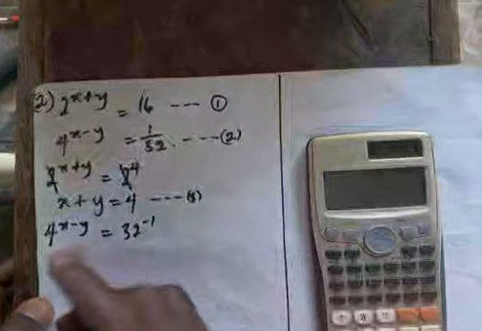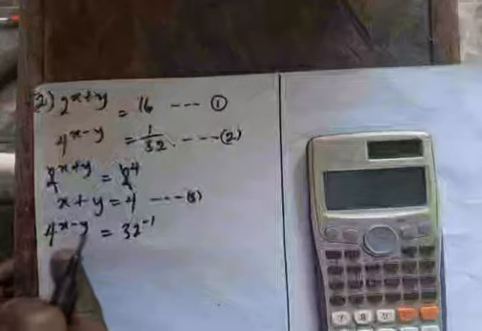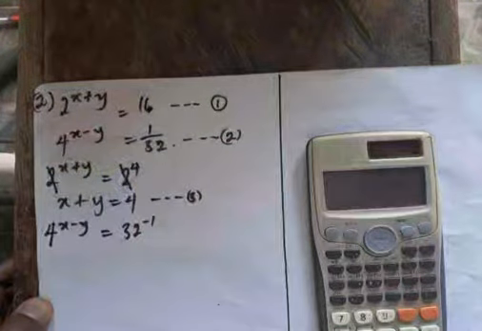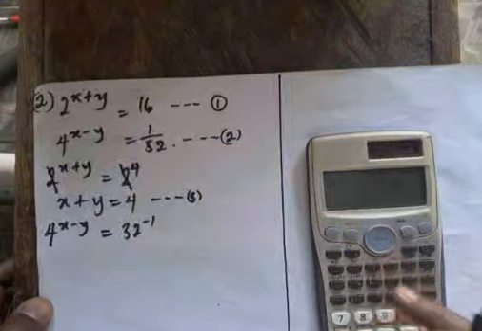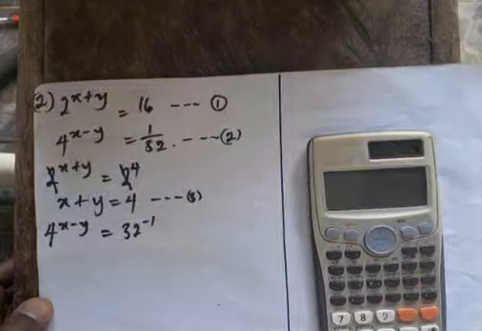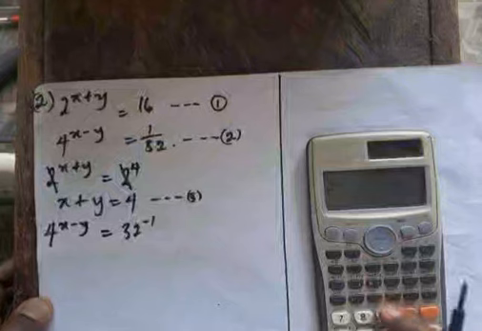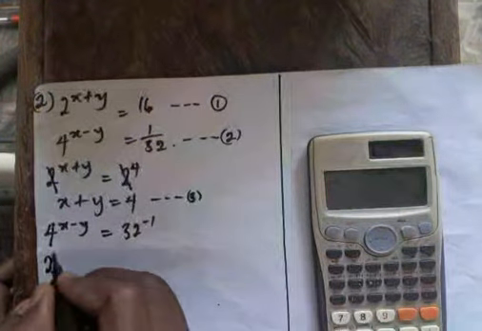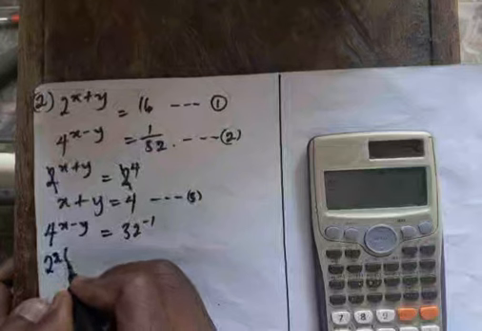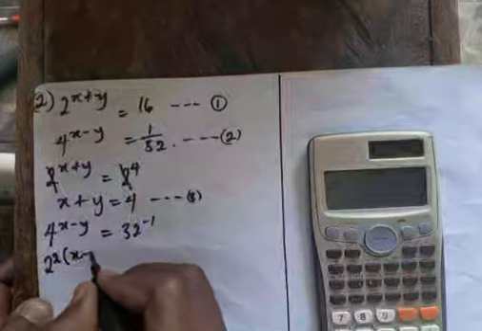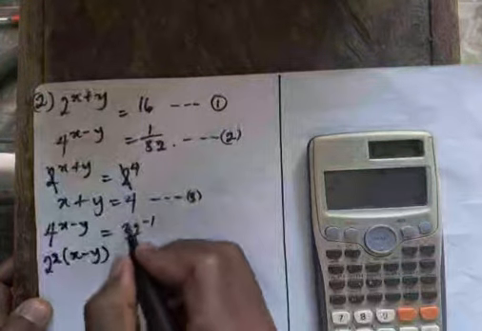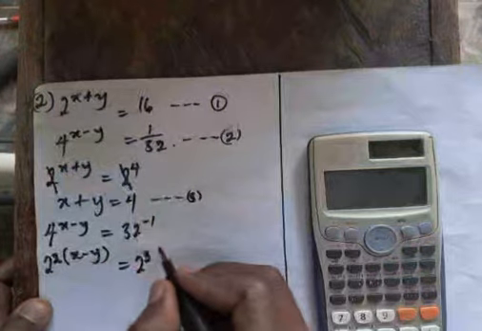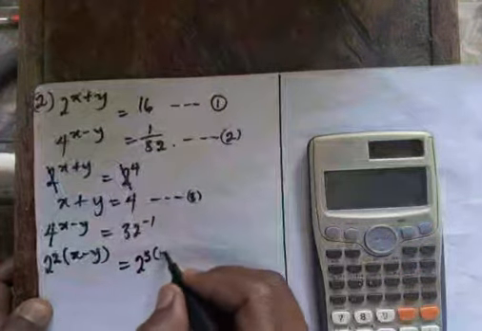Now we can rewrite this in the same base as well, because 2 raised to power 5 will give you 32. So here 2 raised to power 2 is 4, then you have the power of x minus y, and it equals 2 raised to power 5, which is 32, then you have a power of minus 1.